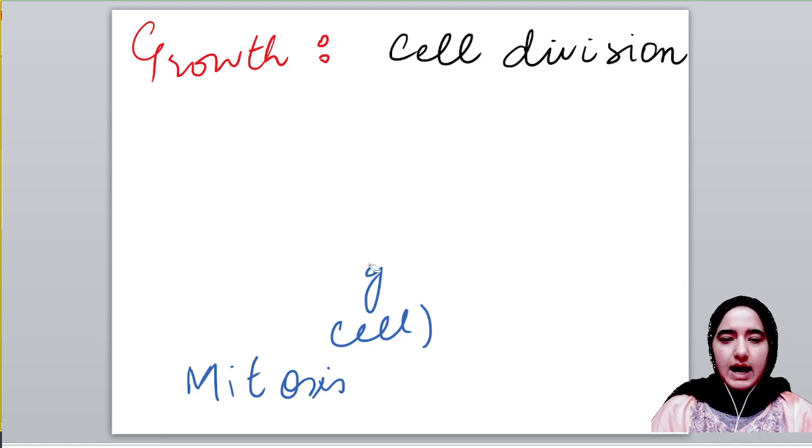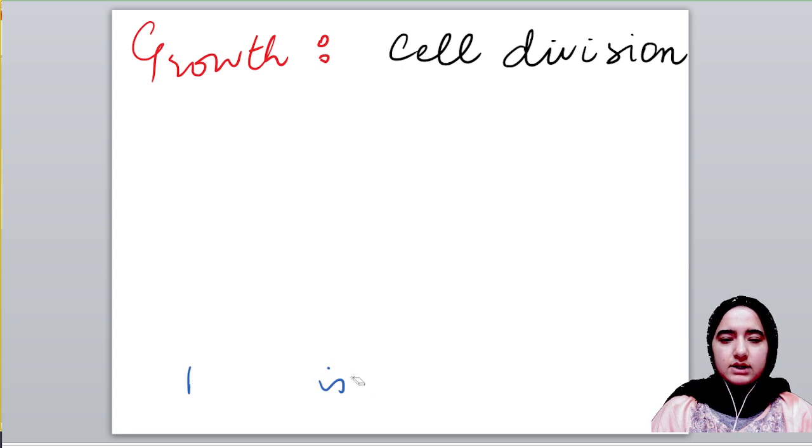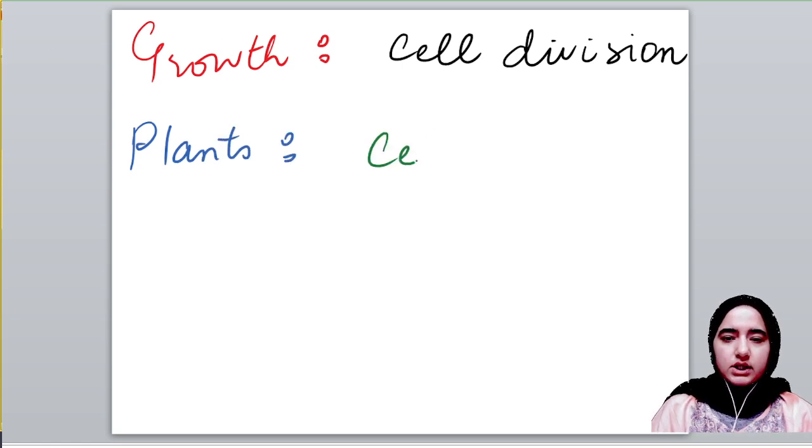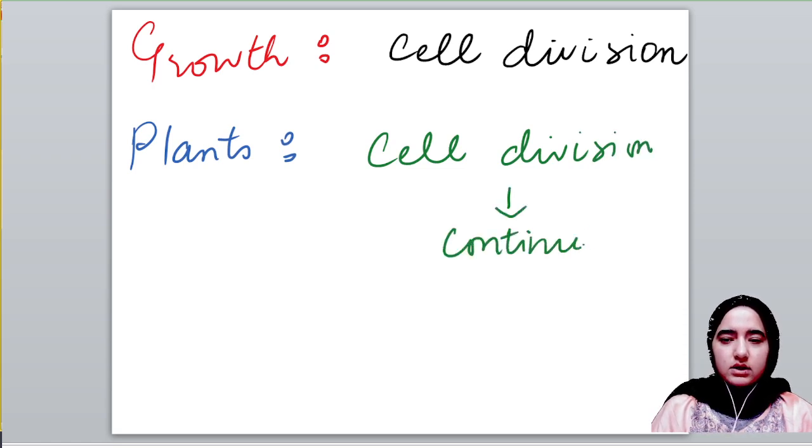You will see that in most of the plants, cell division is continuous. That's why we are able to see so many tall trees, taller than humans and other animals.